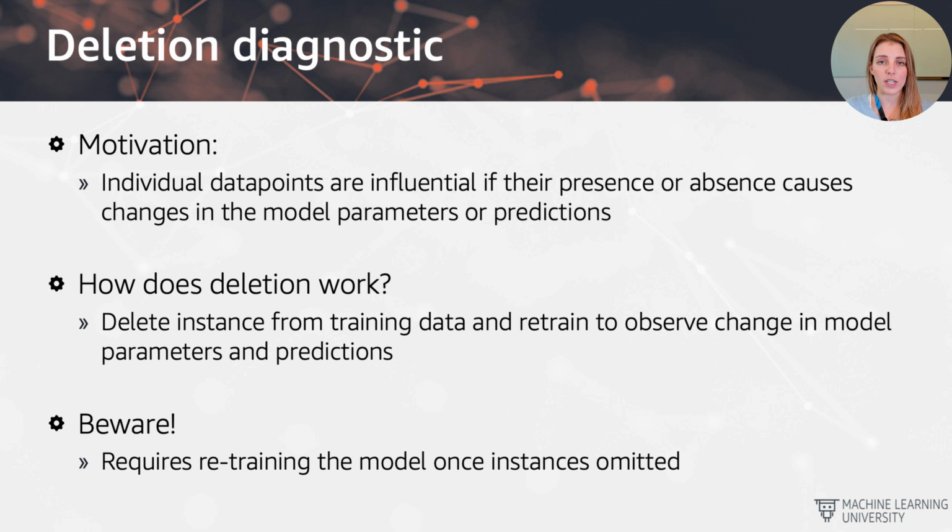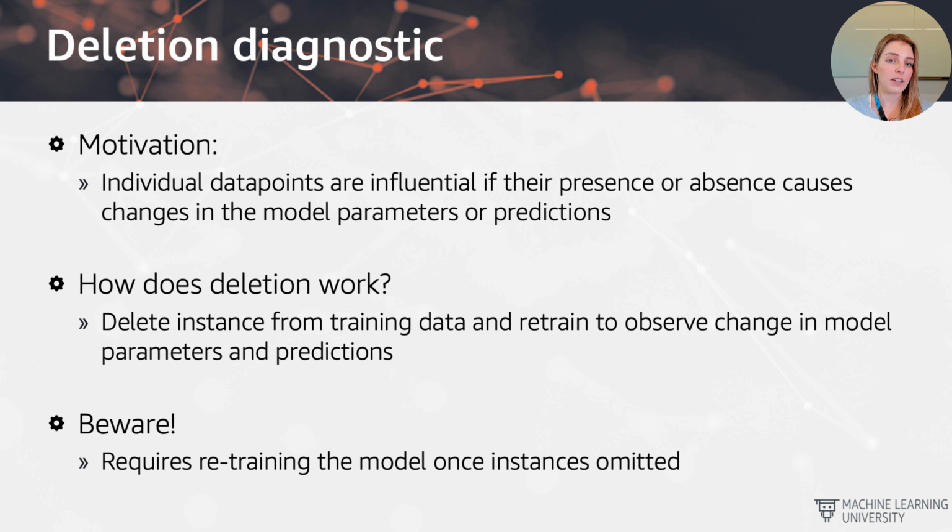So if you think about a data set and you train a model, you would get a set of weights or parameters depending on the type of model that you choose. And obviously those weights and parameters will depend on the training data that was used. So an influential instance would mean that if removing that instance leads to a very high change in that parameter or even in the model output, well, then you have a very important example that you can use as contrastive explanation.